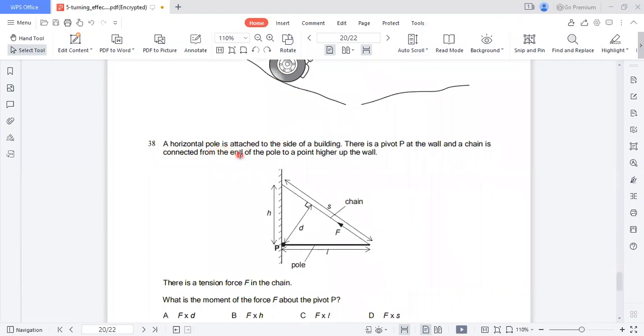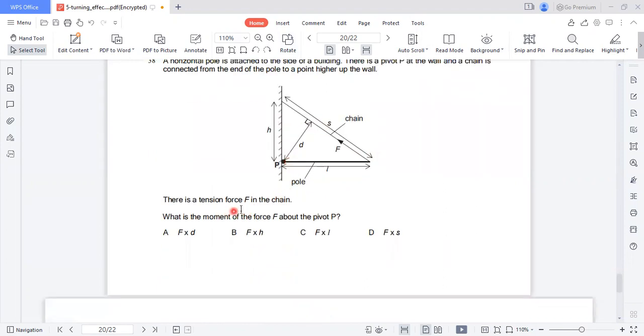A horizontal pole is attached to the side of a building. Here is a horizontal pole, and here is the building. There is a pivot P at the wall, and a chain is connected from the end of the pole to a higher point of the wall.